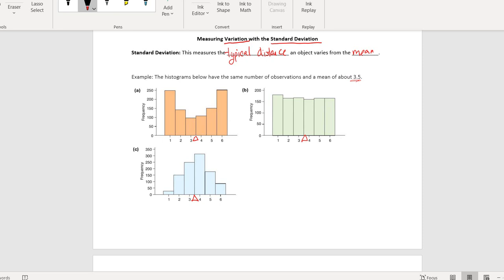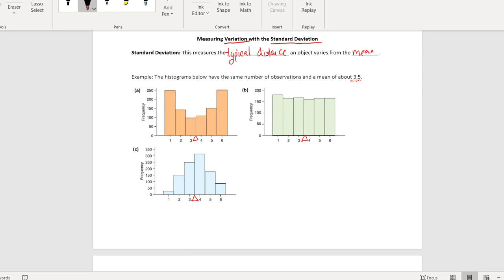Now, if we look at A, this graph here, what I can see is that around the average, I have a lower frequency than I do at the ends. So what that means is that I have a lot of data that's around 1, so about 250 observations, and a lot of data around 6, but not much around 3.5.